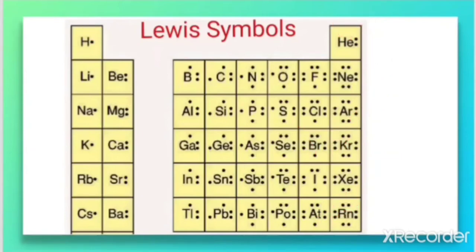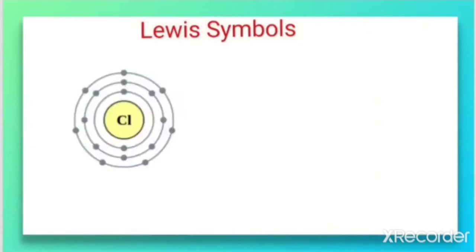This is the method by which we can easily find the valence electrons, and we can put the dots in order to represent them. So let us take one example, chlorine.